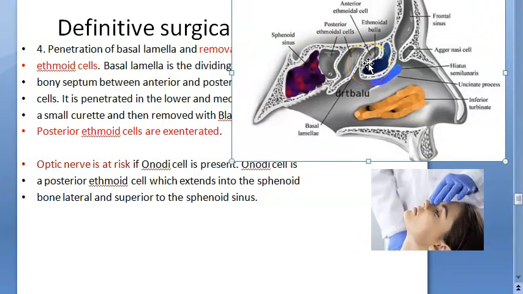Anterior ethmoidal cell itself is this bulla ethmoidalis. So that is over. So maxillary over, bulla ethmoidalis, that is anterior ethmoidal cell over. Now they are going to posterior ethmoidal cells. The basal lamella which is dividing these two, they are penetrating, okay, and then they are going to posterior ethmoidal cells and they are exenterating them.